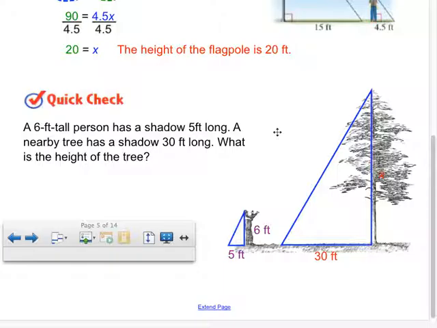Good. I'm looking around, seeing some proportions. In a moment, we're going to check to make sure we got the setup right. We make sure that our ratios, that we took the same measure from the same shape in the numerator or the denominator.